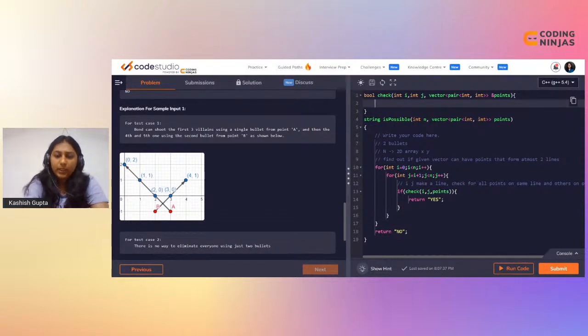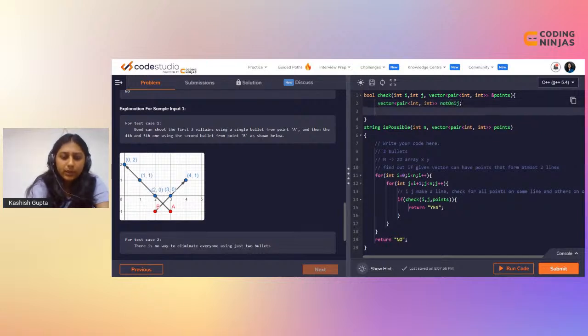Now what do we have to do in this? So we know ij is making a line, so we have to check for the ones that are on the same line and store the others in some other vector. So let's make a vector not on ij.